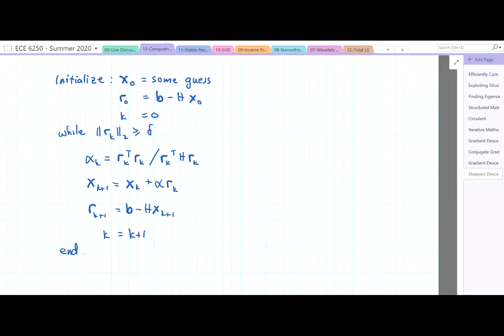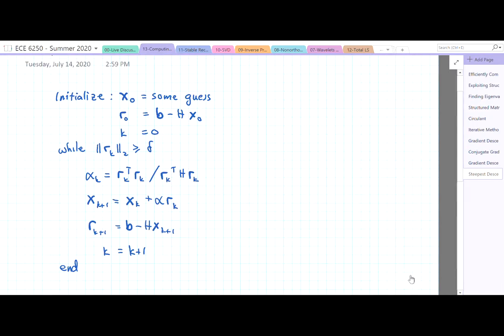So one thing to note, once again, the most expensive part of all of this is the application of our H matrix.